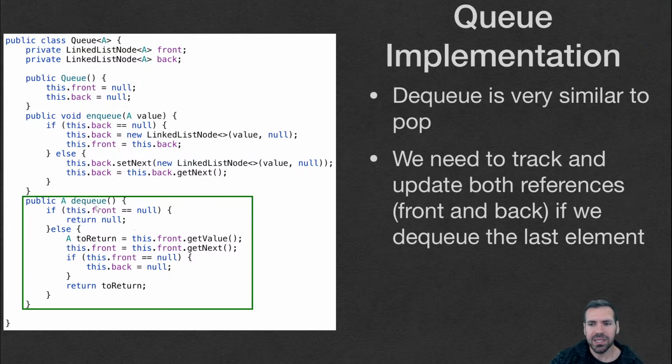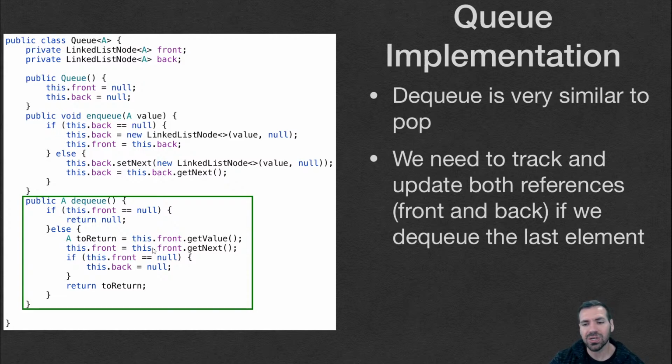Dequeue is going to be similar, but just a little bit different also. If the front is null, return null. We're trying to dequeue from an empty queue, so we're going to return null. If the queue is not empty, we're going to get the front, store that in a temp variable, and set the front equal to the front's next. That much is the same as with a stack, popping off the top of a stack. Same exact thing.